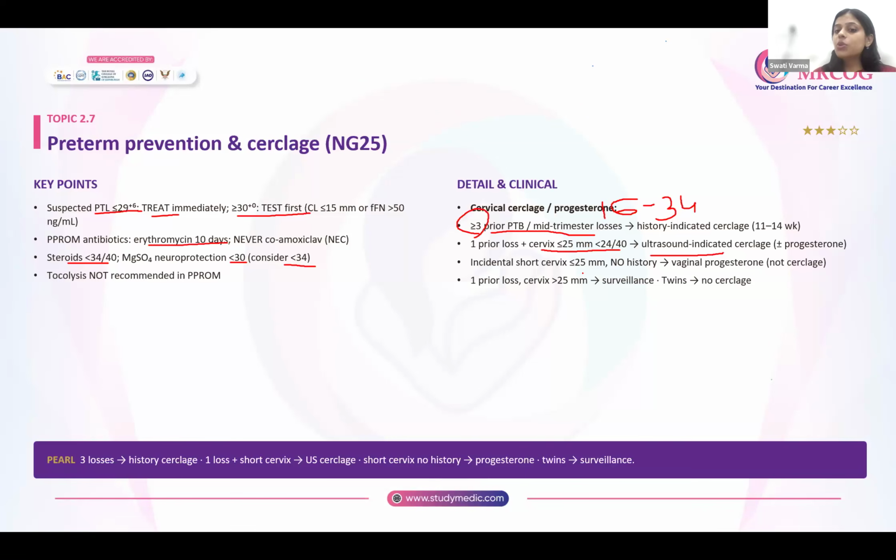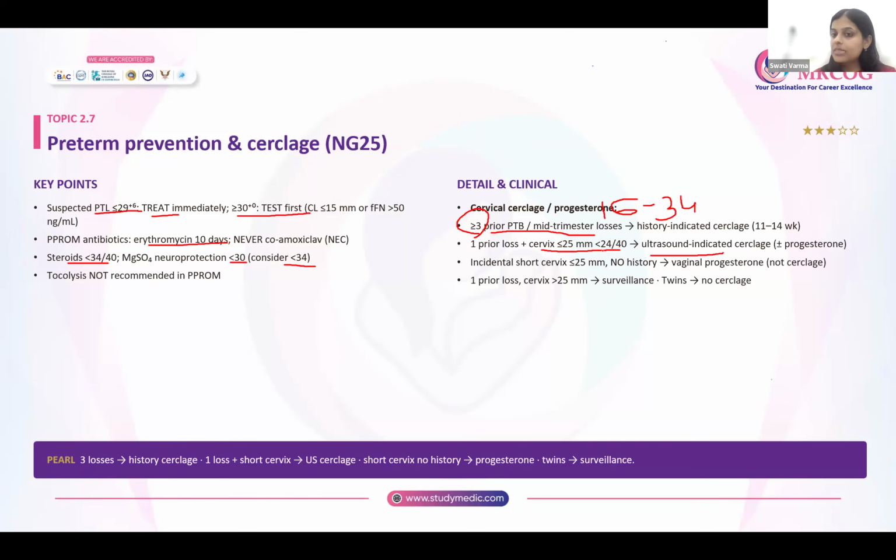If cervix comes out to be less than or equal to 25 mm, now here contrast with this. Here for preterm labor it was 15 mm. Don't confuse. This is 25 mm. Cervix comes out to be 25 mm or less on serial scanning at less than 24 weeks.